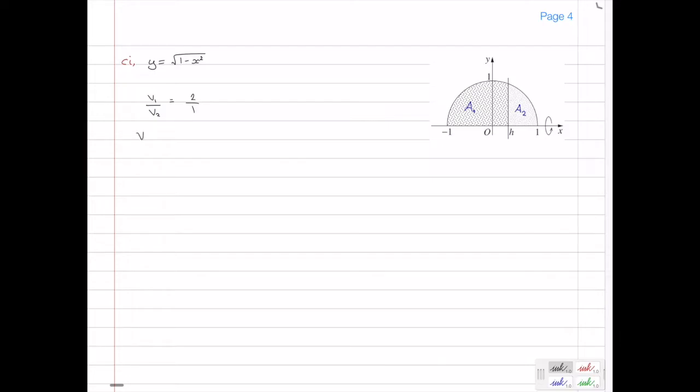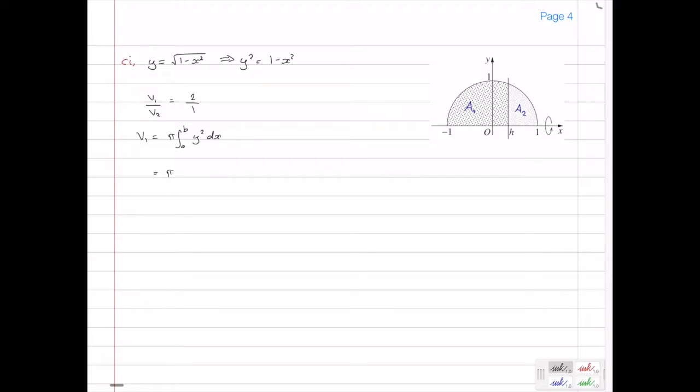So the first one, V1, is obtained by rotating the area A1 around the x-axis. So we know that volume, when we're rotating about the x-axis, is given by pi times y squared dx between our two bounds, a and b. So if y equals the square root of 1 minus x squared, well, obviously y squared is just going to be 1 minus x squared.